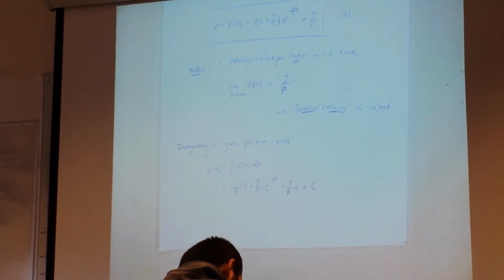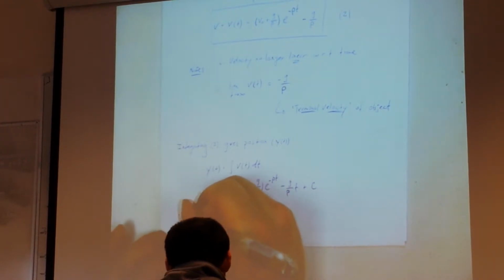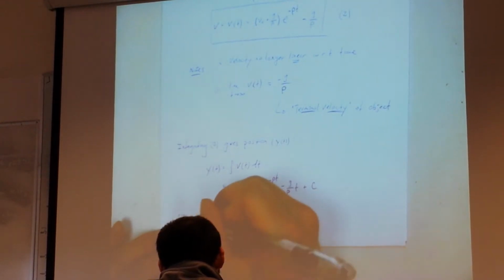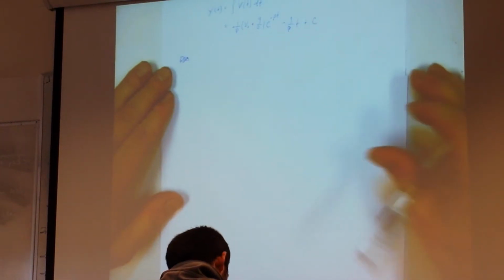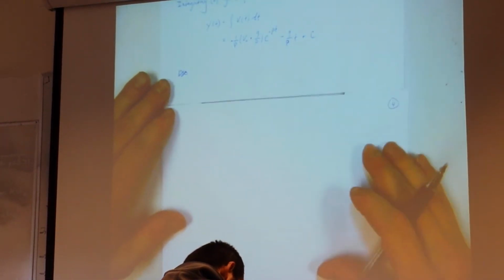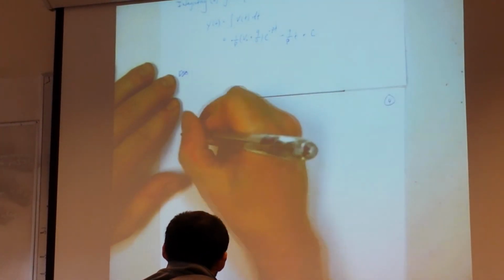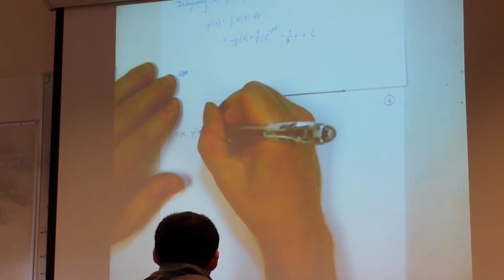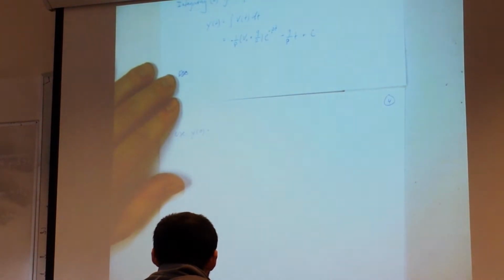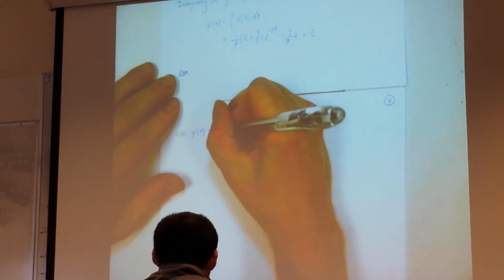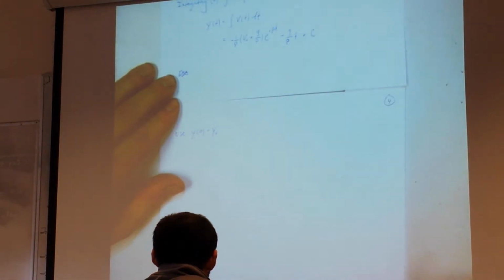All right. What I'm going to do is use initial condition. Well, let's go to the next page. All right. So initial condition, let's use at time 0. So initial height of this object, if we call that y sub 0, why not?